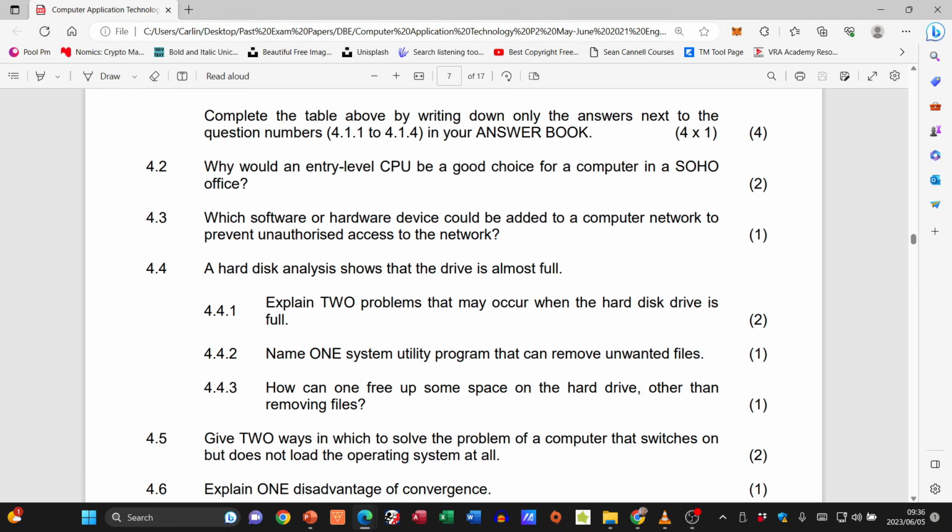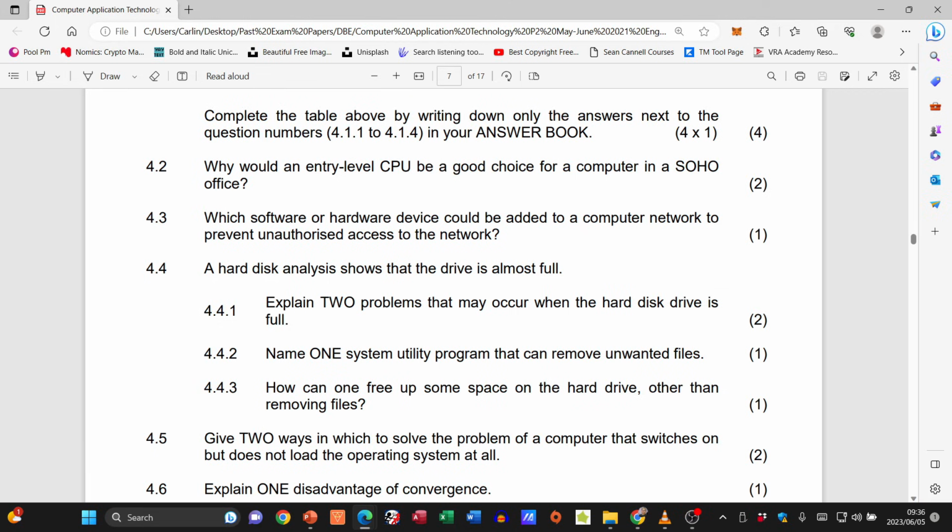And it would be unnecessary to go and spend a huge amount of money on those computers. Okay. So that's where I get my 2 marks. Number 1, it's got enough processing power. And number 2, it would actually be an unnecessary expense.